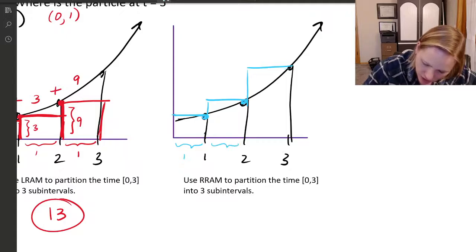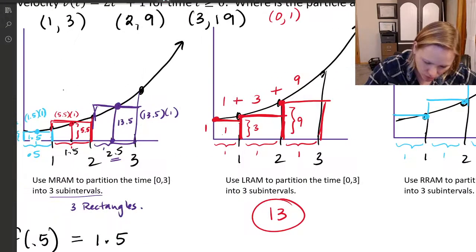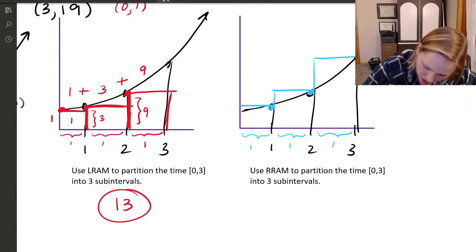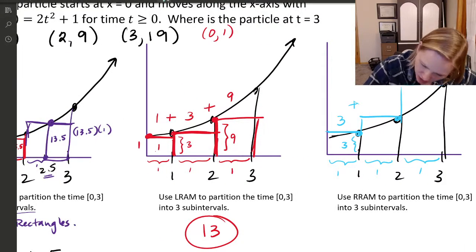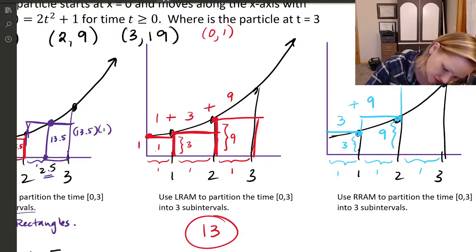Again, for each of these, the width is 1, but the height is what's different. So for the first rectangle, the height is at 1, so it's the point 1, 3 up there. So the height here is 3. So 1 times 3 is an area of 3. For the second rectangle, I'm going to use the y value at x equals 2. So this second middle value has a height of 9, so 9 times 1 is an area of 9.